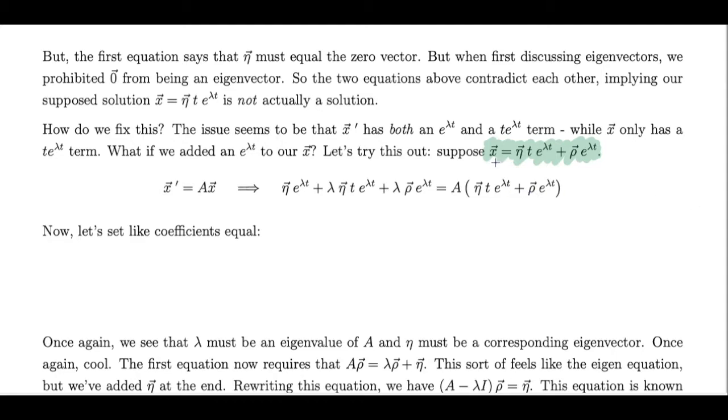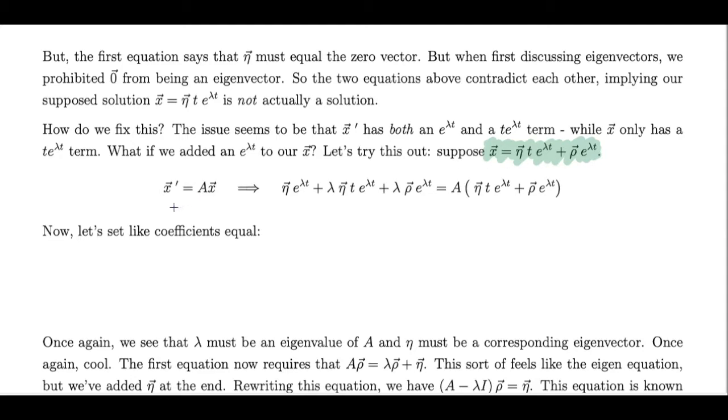I'm going to suppose that my solution x not only has a t e to the lambda t with a coefficient vector eta, but I'm going to add an additional term which has some new coefficient vector rho times e to the lambda t. Back in chapter 3, this would not be okay because this e to the lambda t would be repetition with the previous solution, but in this particular case, let's see if this is necessary.